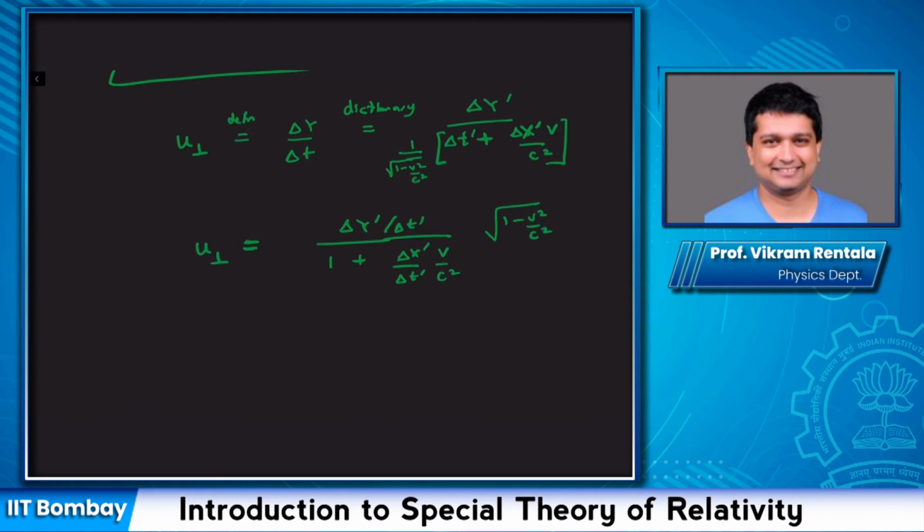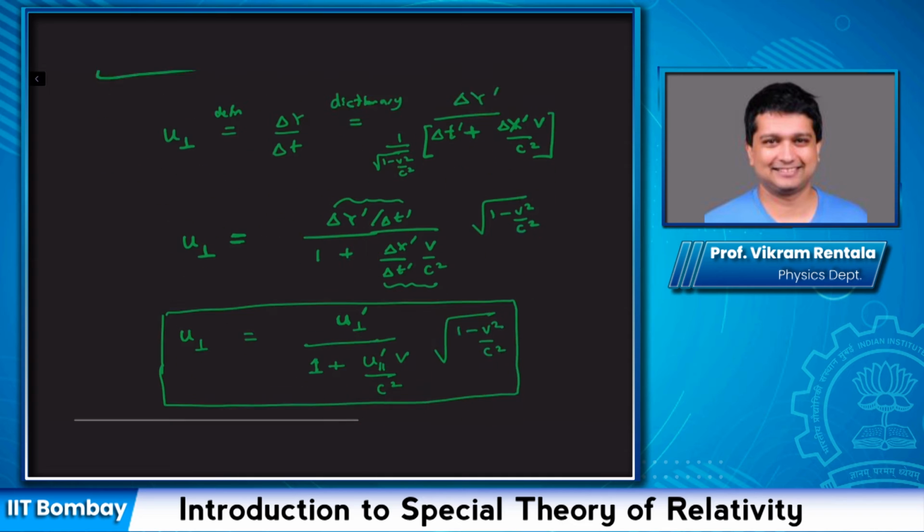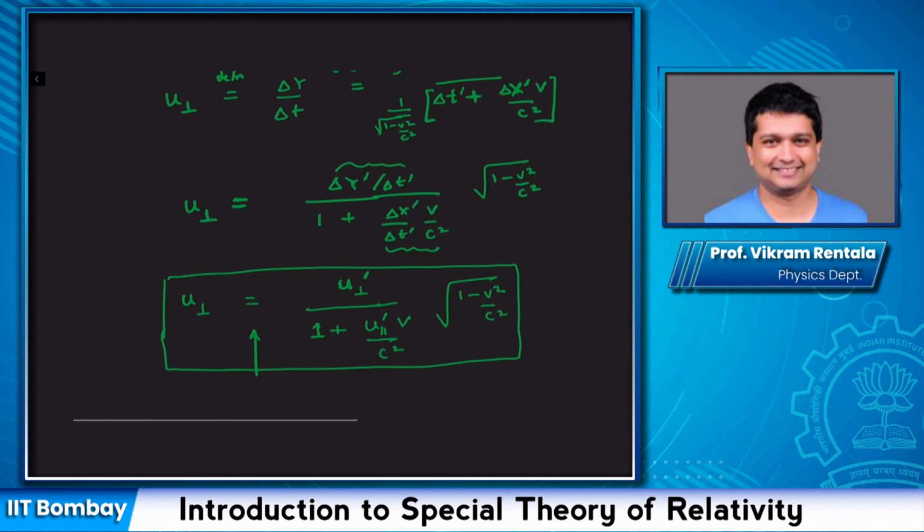And so what this gives us finally is u perpendicular is, and this is by definition u perpendicular prime, divided by 1 plus this quantity here, u parallel prime times v over c squared. And the whole thing is multiplied by the square root of 1 minus v squared by c squared.